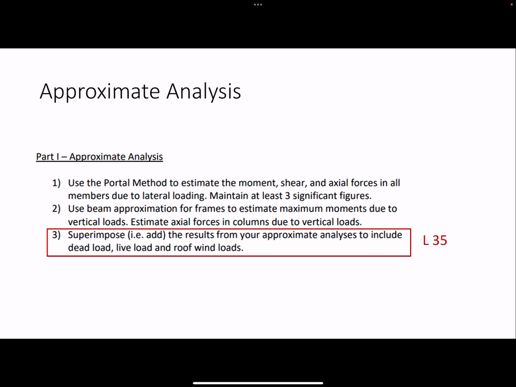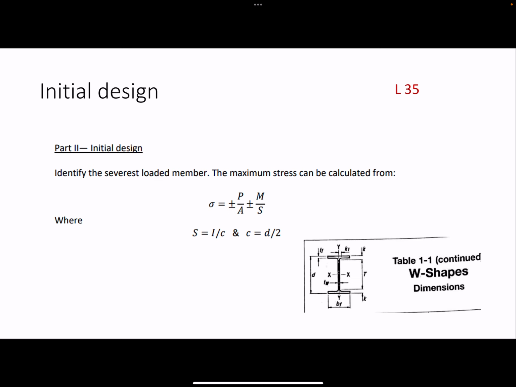And then the superimposing step, that is what we covered on Monday, so that's lecture 35. And we'll continue to talk about initial design today, but we started talking about that on Monday, so that's a lecture 35 reference as well.